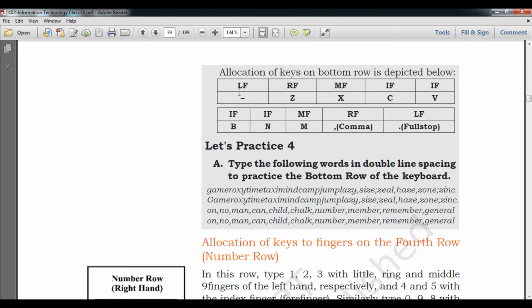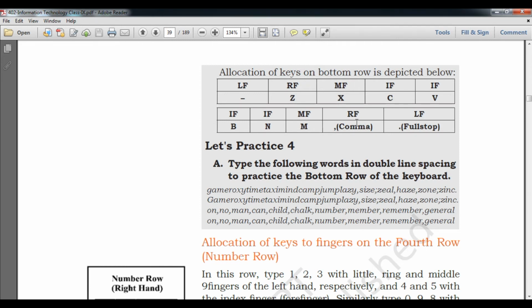For the left hand, the little finger is on shift, ring finger on Z, middle finger on X, index finger on C, and index finger on V. And for the right hand, index finger on B, index finger on N, middle finger on M, ring finger on comma, and little finger on full stop.